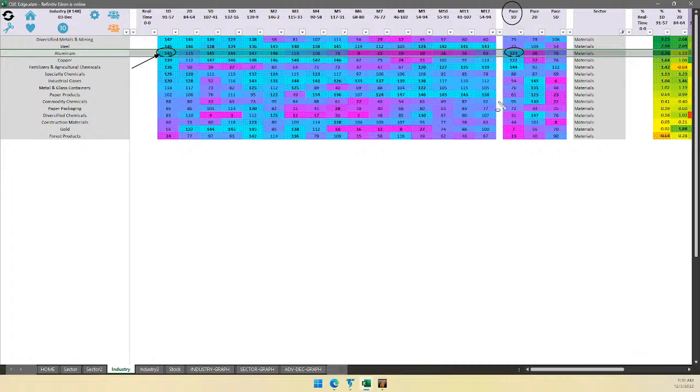The pace column shows acceleration. That is a sweet point. That's a sweet industry to look for buying opportunities. Not only very strong, it's also accelerating very fast. The industry went up by more than 2% on Friday. So aluminum is one we could drill down to.